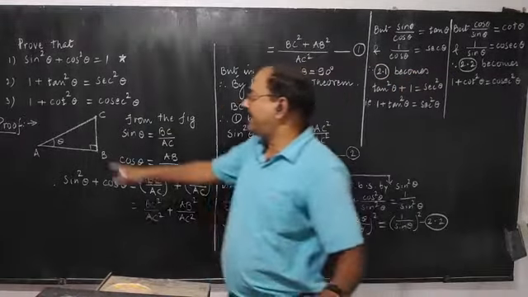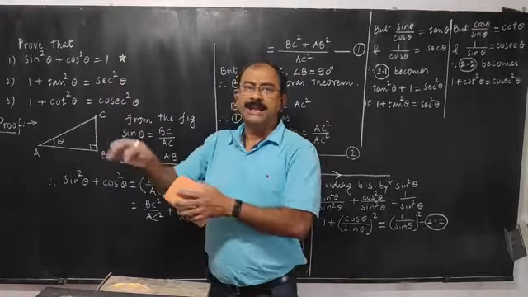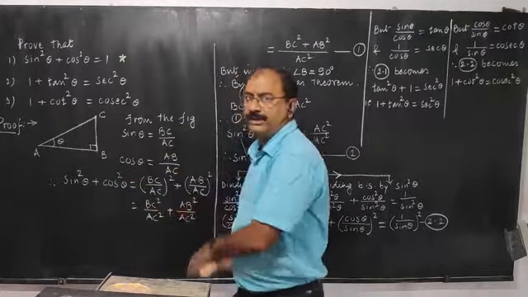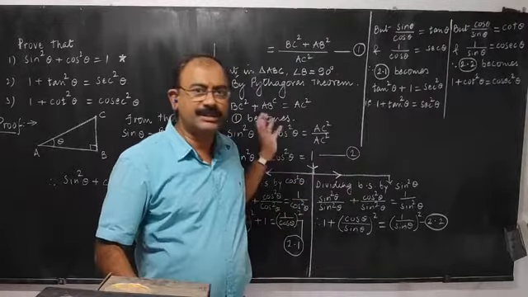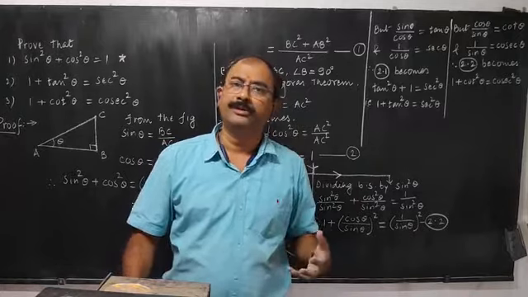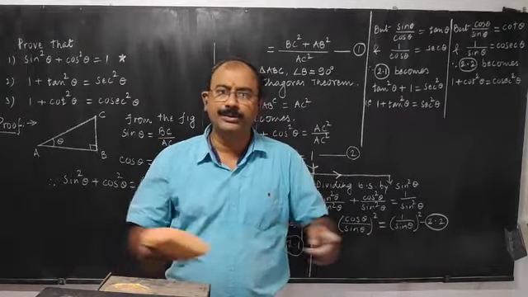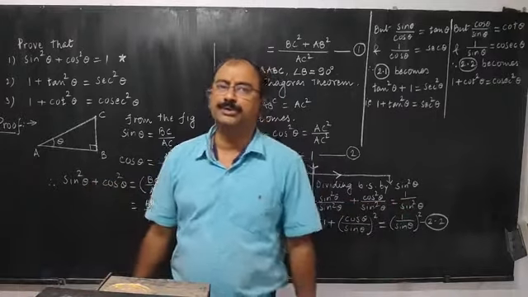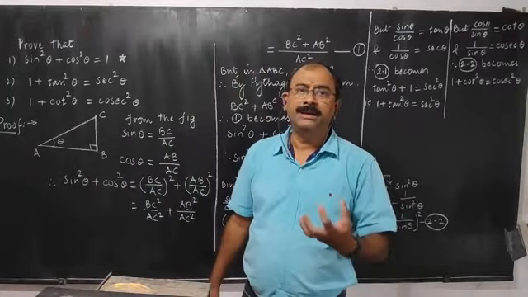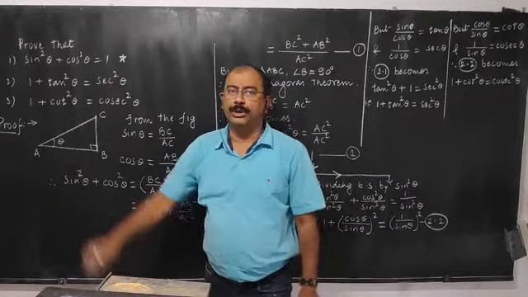You can directly calculate tan theta, you can directly calculate sec theta and add, and you can reach the answer. Now, this is one method, but in trigonometry, as I have already told you, there is not one channel to reach the answer. You can use different channels and reach the answer. Now, in the list of formulae, you have to add these 3 formulae also.